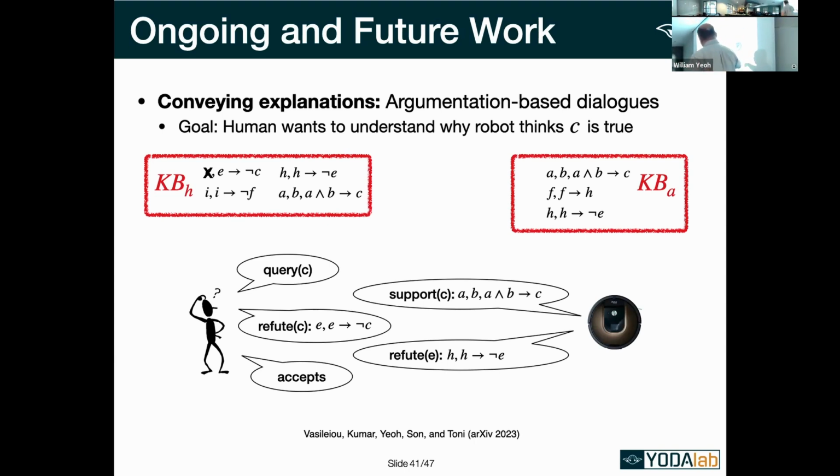So this approach, first of all, relaxes the assumption that Roomba knows KBH, because everything that Roomba is providing over here is only based on KBA, right? And it could also use information of what the human says. So maybe like here, it could use information over here in its attack later on as well. But this would relax the assumption that KBH is known.